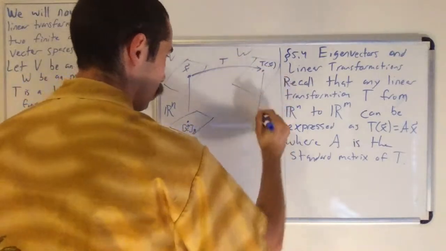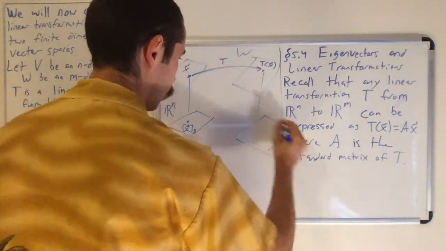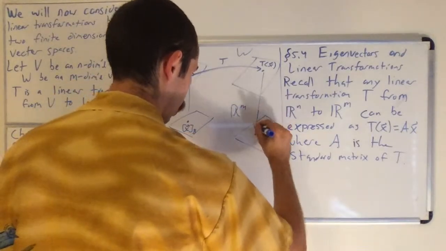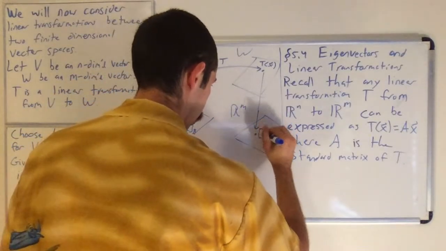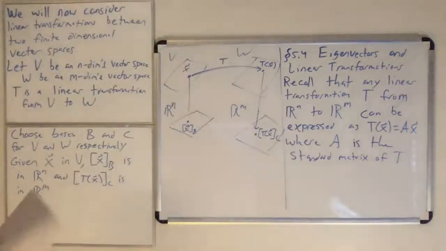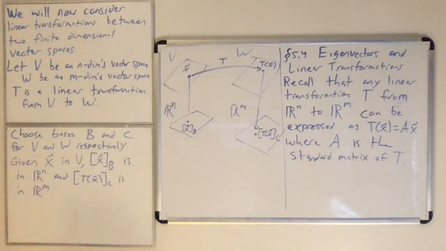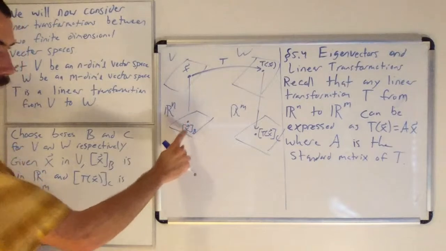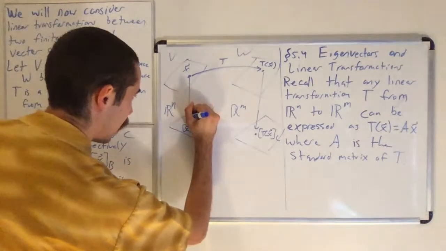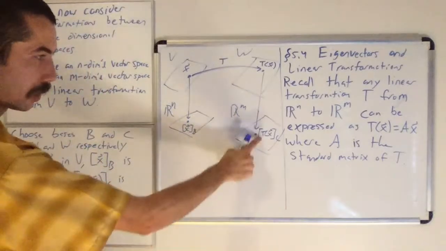Similarly, we could map T of X to its C coordinate vector. What we want to find is the matrix that maps this point in Rn to this point in Rm.